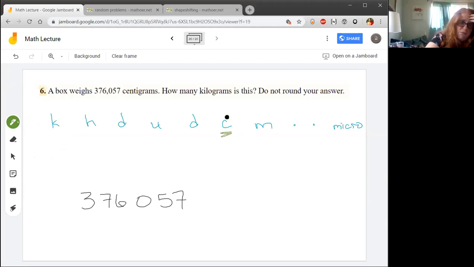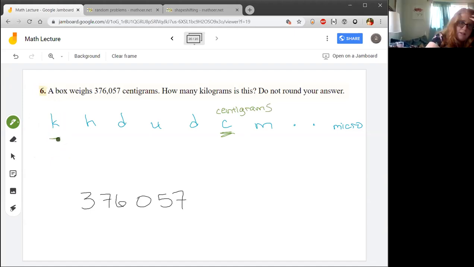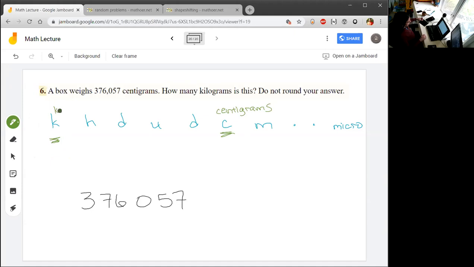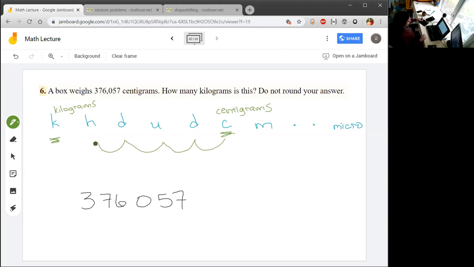The C, at centigrams. Where are we going? All the way over to the K, way left, for kilograms. Everyone okay with that? 5 scoots. So 1, 2, 3, 4, 5 to the left.